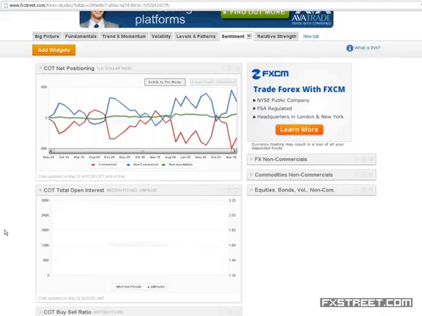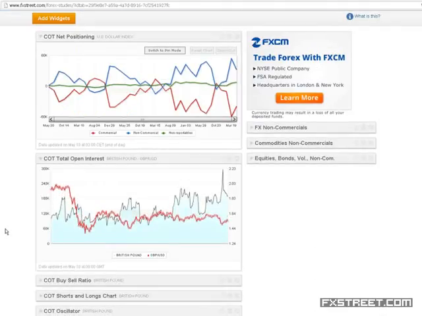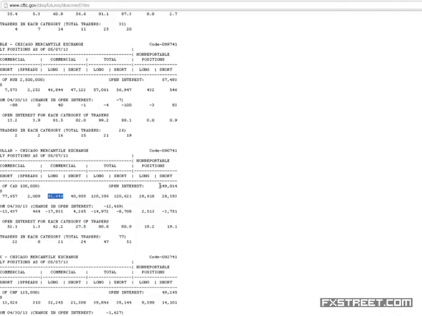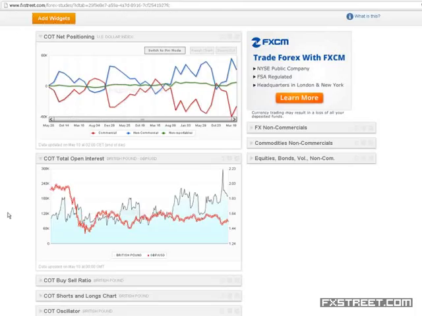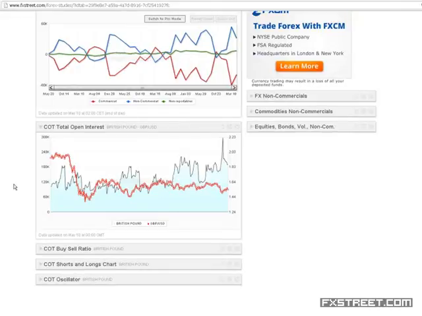Then we have another piece of information within the raw data, which is the open interest. The open interest is featured under this second widget here.